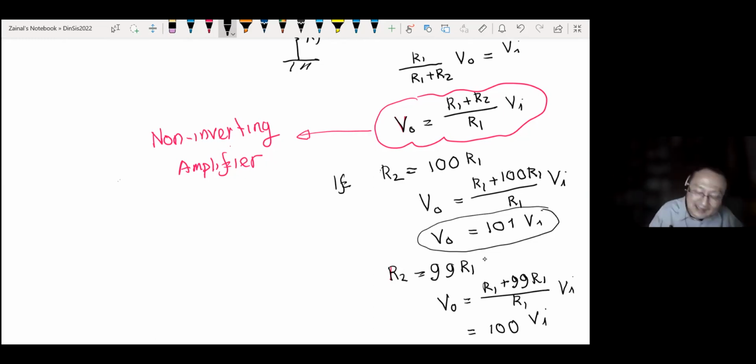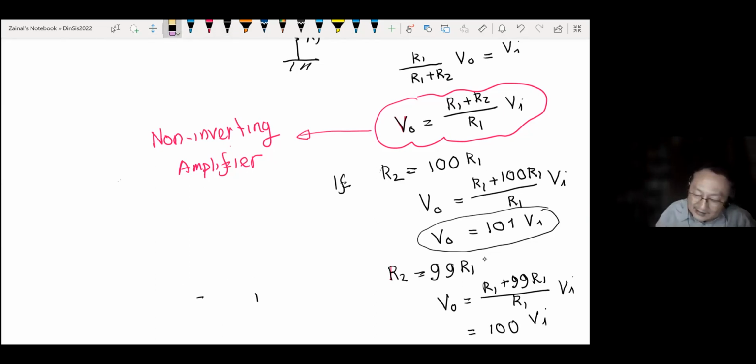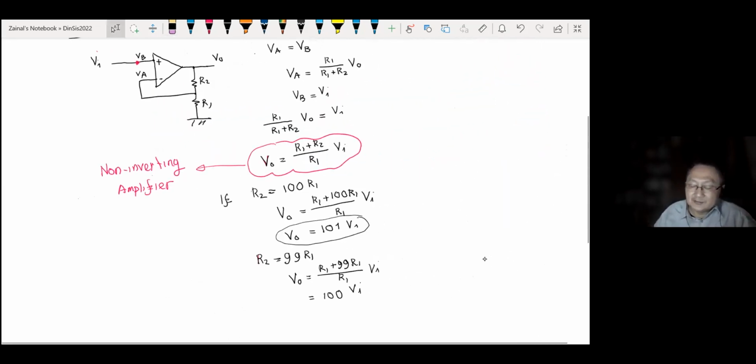But selecting R2 to be 99 times R1 is often difficult. In practice, it is usually difficult to choose something which is exactly 99 times R1.